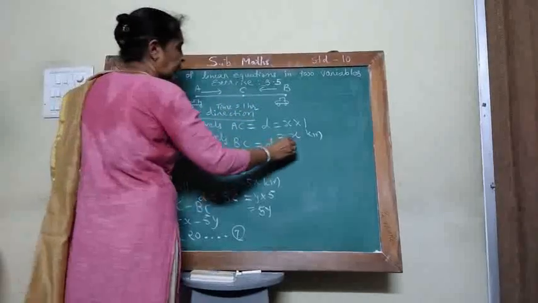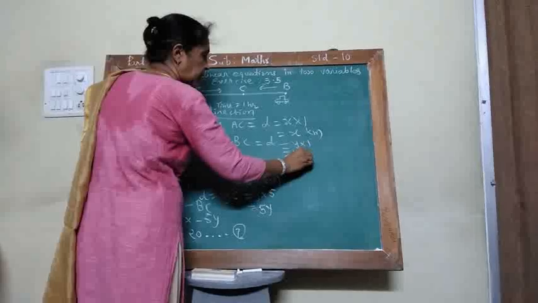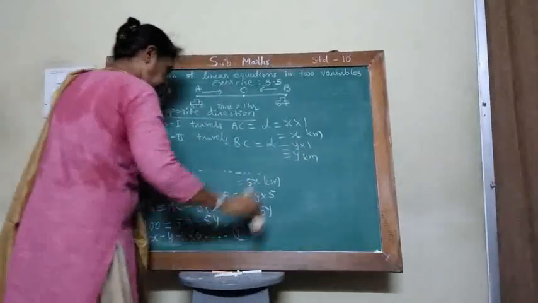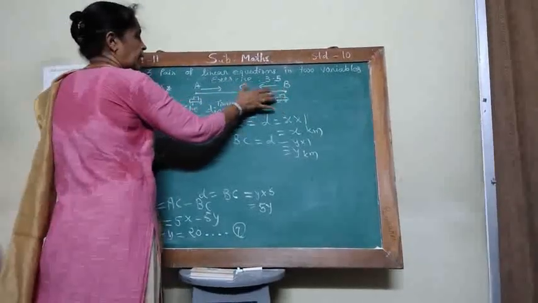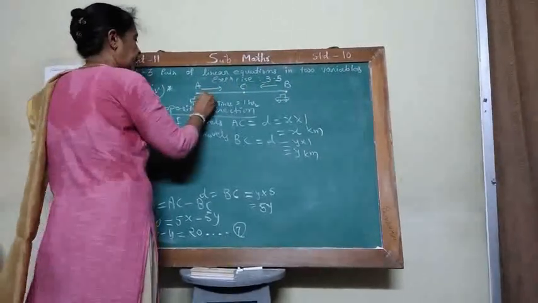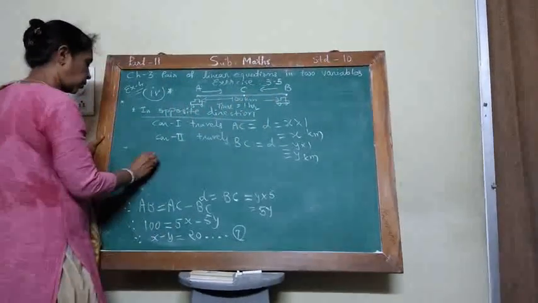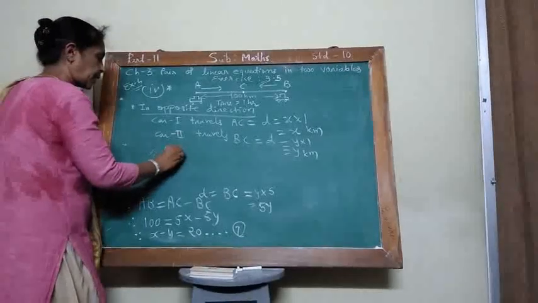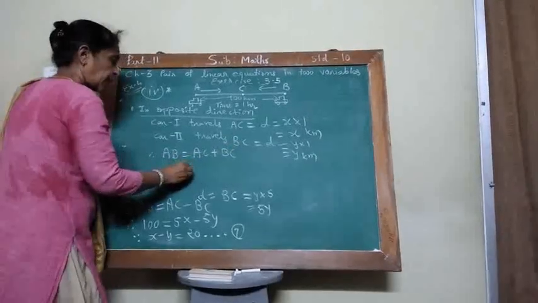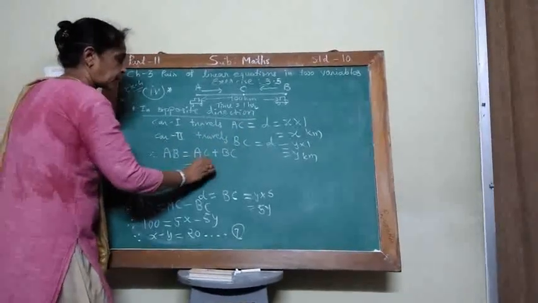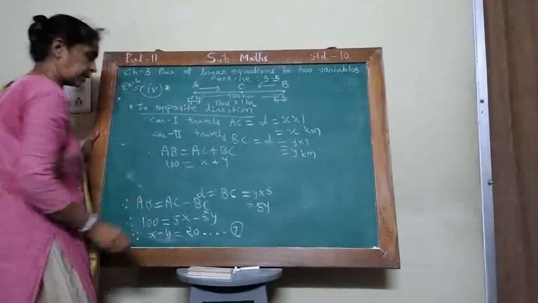Speed is y, time is 1 hour, so y kilometer. Now the second equation: they have said the distance between two places is 100 kilometer, so AB is equal to AC plus BC. So x plus y is equal to 100. Second equation.